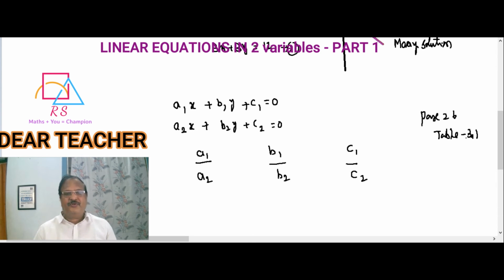If you go through the table, these A1, A2 values, B1, B2 values, C1, C2 values are given. So if A1 by A2 is not equal to B1 by B2, this is the first case. That means you will be getting intersecting lines.